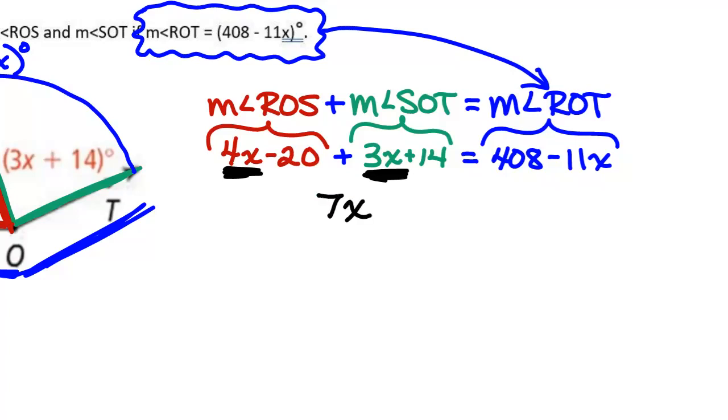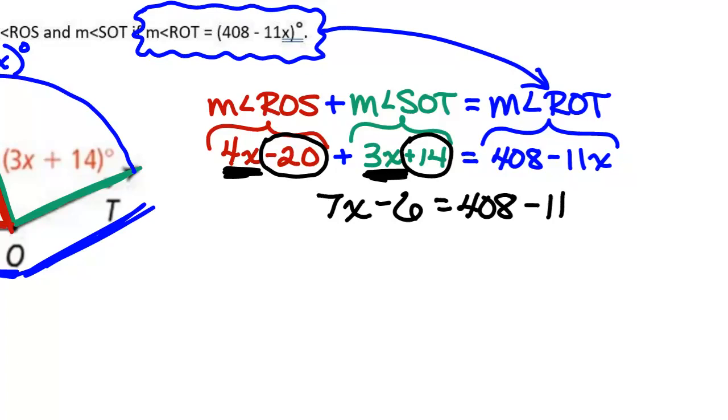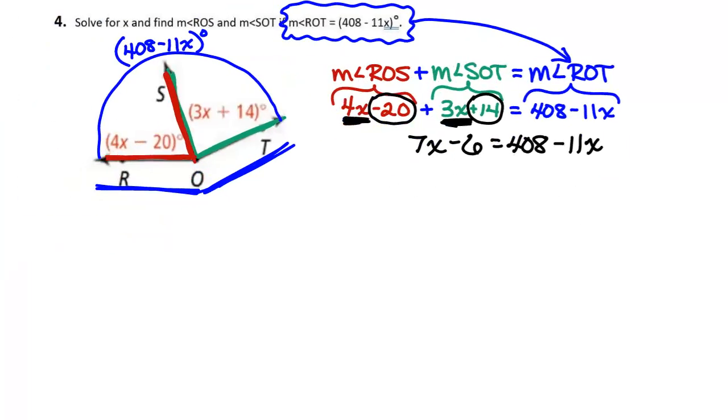Are there any other like terms over there? Negative 20 and positive 14. What is negative 20 plus 14? Negative 6. So 7x minus 6 equals 408 minus 11x. I have all the like terms on the left-hand side collected together.